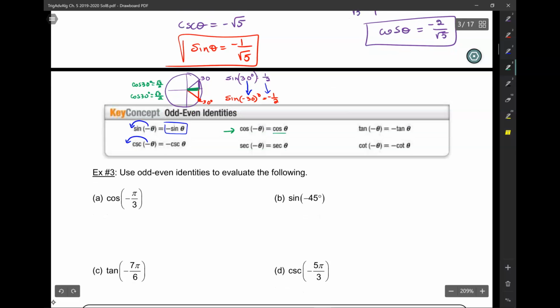If there is a negative angle, it just gets engulfed. Now, if you have tangent of a negative angle, tangent is like the sine. The negative comes outside.